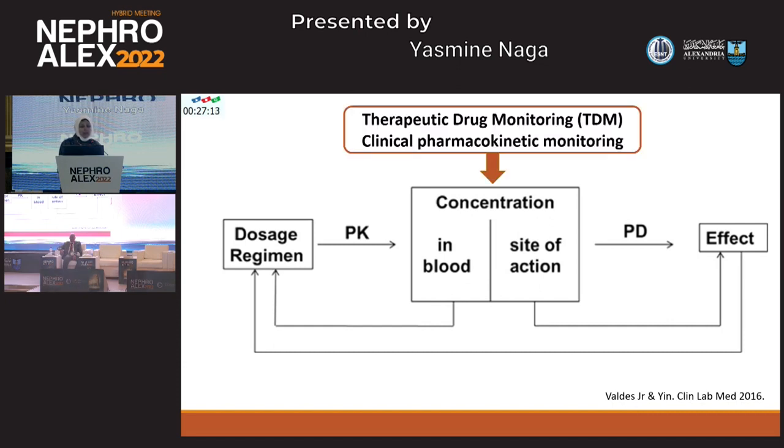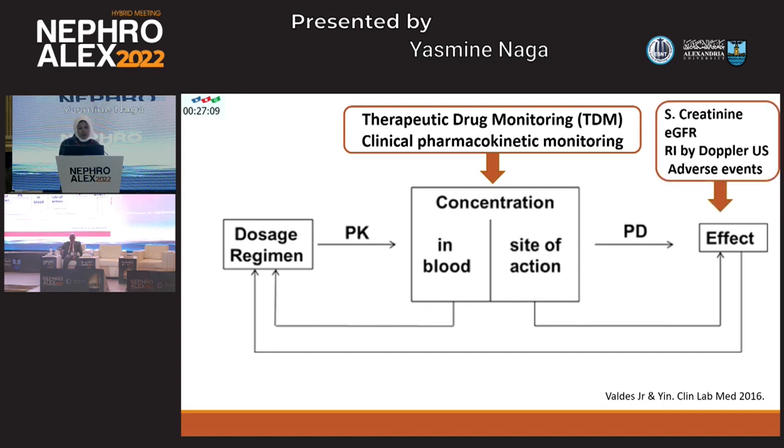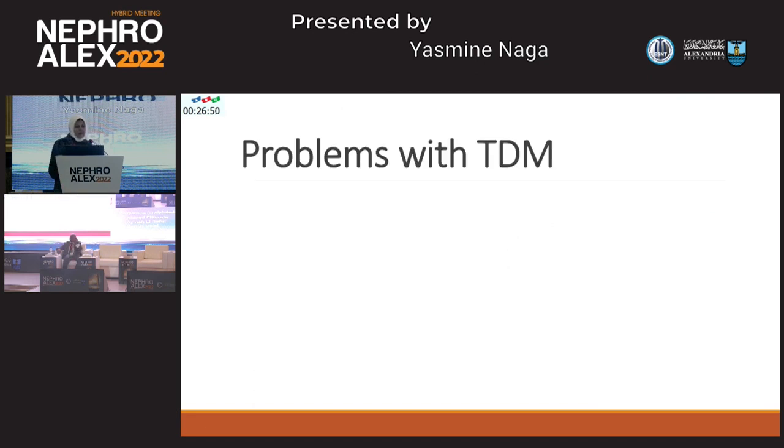In transplant patients, we monitor the concentration in the body by therapeutic drug monitoring, and we monitor the effect by measuring creatinine repeatedly, by calculating estimated GFR, by assessing the resistive index by Doppler ultrasound, and that's the desired effect. We should also monitor the undesired effect in the form of adverse events.